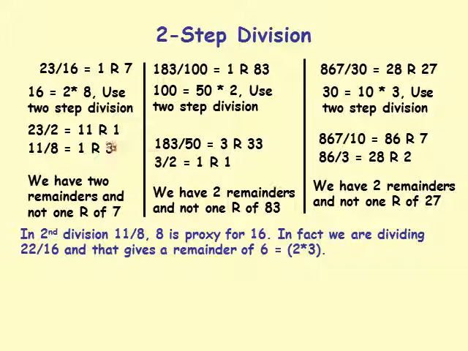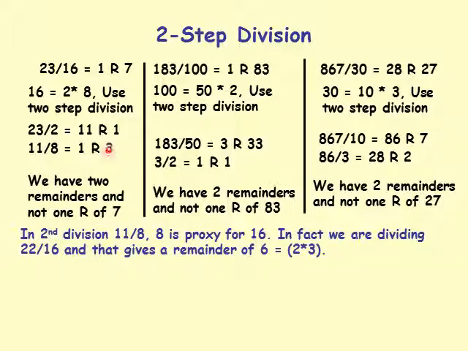So the remainder in the second division is proportional, and the proportionality is given by the first division.